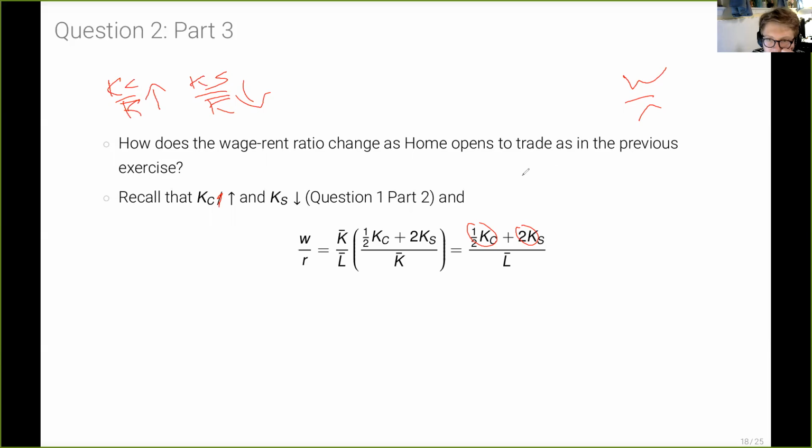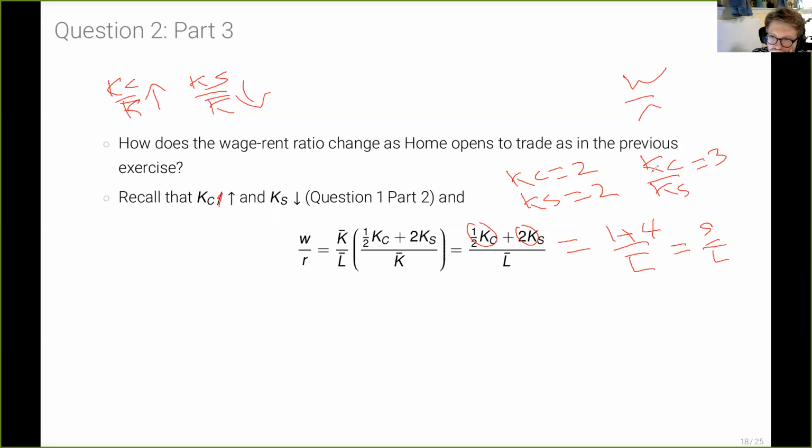You can plug in values and confirm this. Suppose that KC initially was 2 and KS was 2 as well. Well, then you can just plug this in, and so if KC is 2, this is going to be 1 plus 4 over L bar, so this is going to be 5 over L bar. Well, now suppose that KC goes up to 3, and KS, well, we have to have a 1-for-1 trade-off, so KS is now 1.